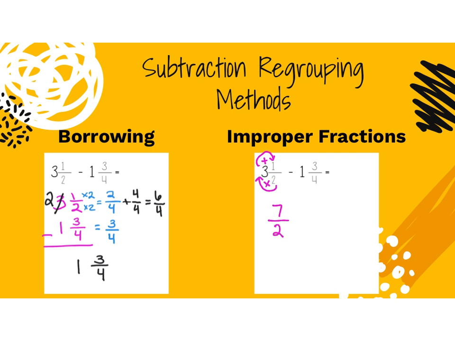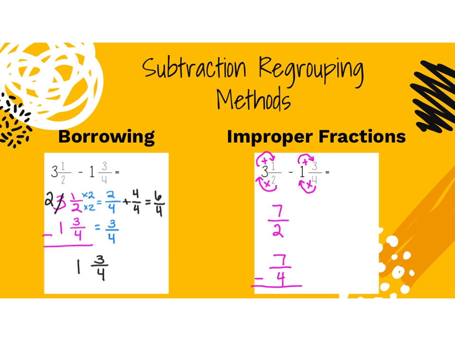Seven halves. 4 times 1 is 4, plus 3 is 7. So 7/4. And we're going to subtract both of these fractions.